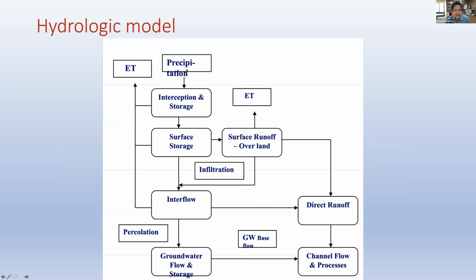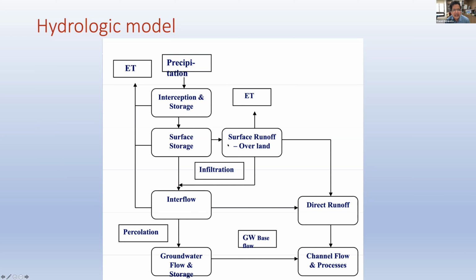So this is precipitation, which is coming in, and interception means the storage, or if there is a pond or depression, the water will be captured there. So that is interception. And then there may be surface storage. So this ET is evapotranspiration. So different processes are there.